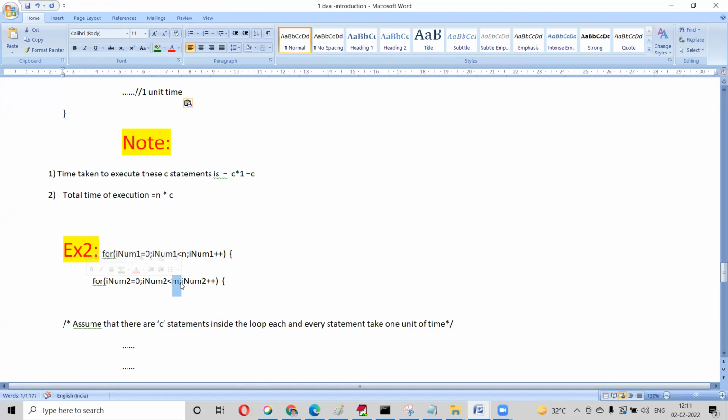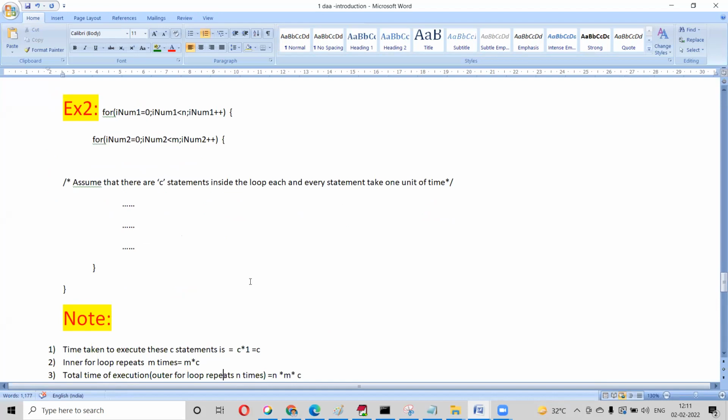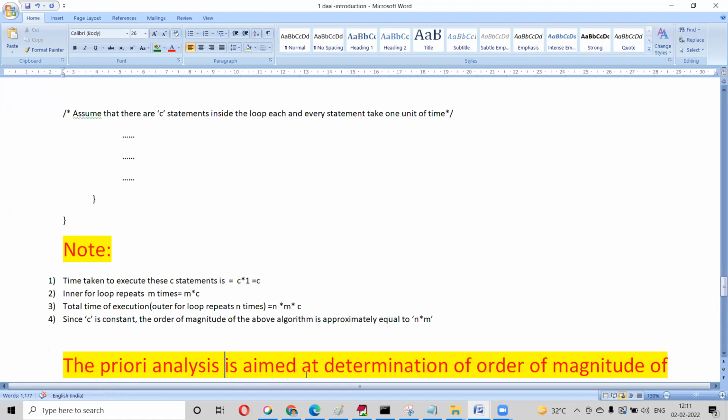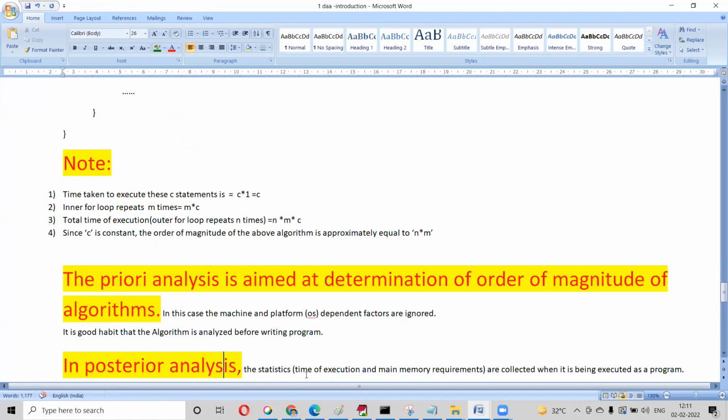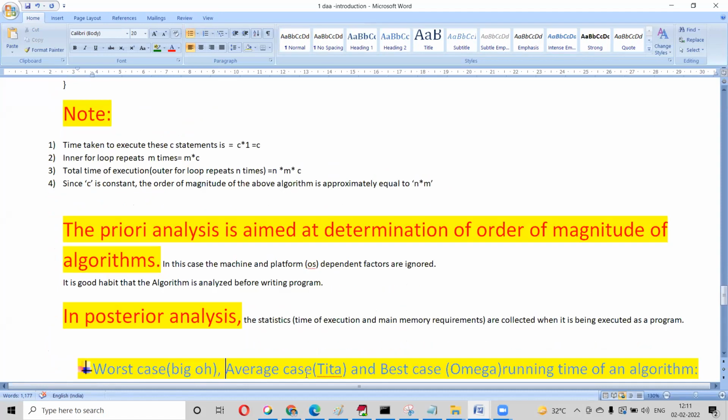So the order of magnitude here is n into m into C, where C is a constant, you can remove it. So in this way, you need to do the time complexity analysis in the general method.